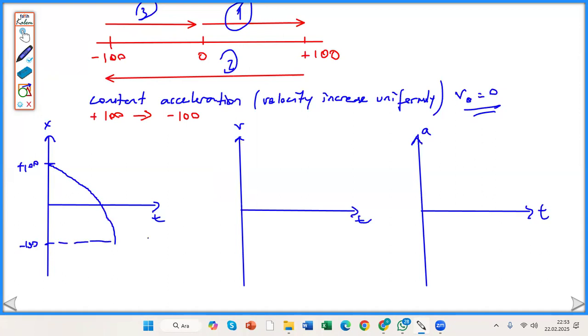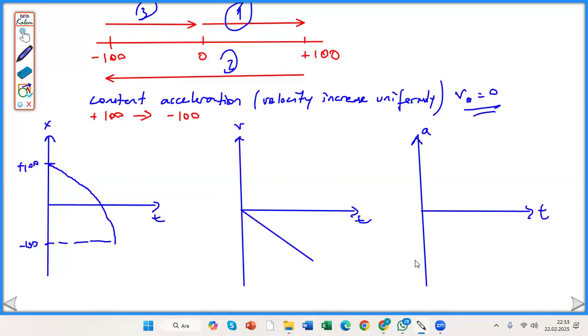The direction of the motion is from positive to negative. That's why velocity is also negative and increasing uniformly. Still it is the same: initial velocity is 0, that's why the velocity time graph is like this.